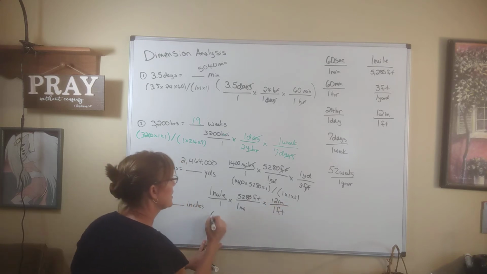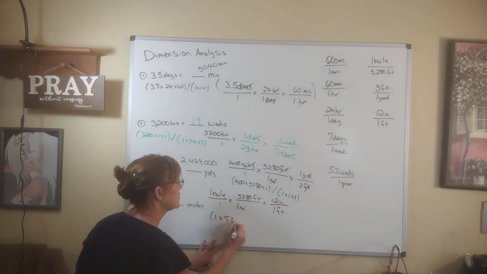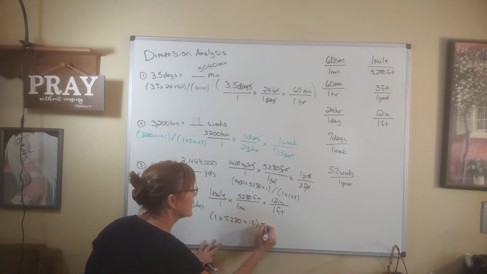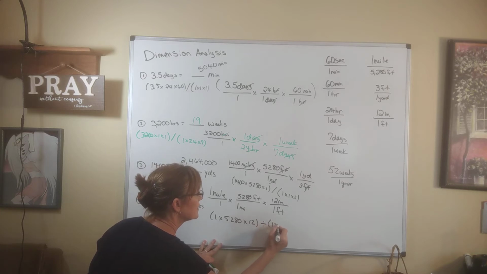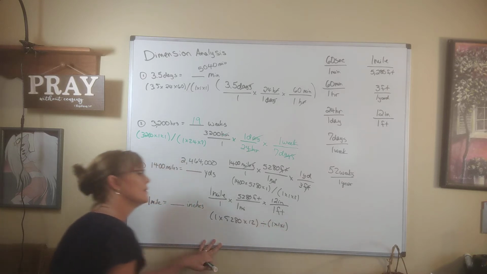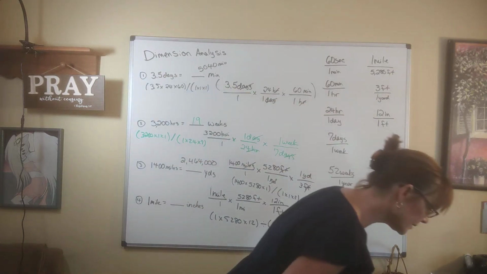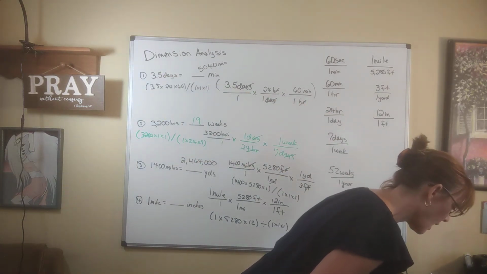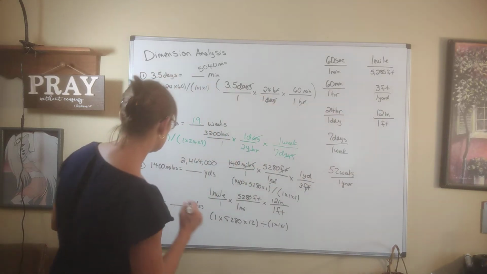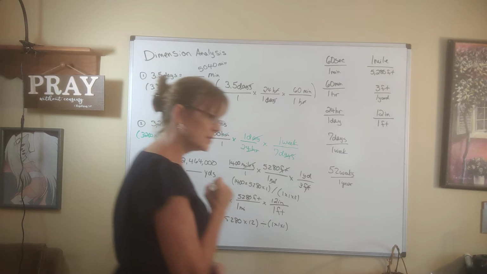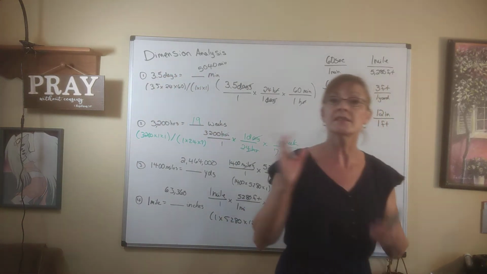And so when I multiply 1 times 5,280 times 12 divided by parentheses 1 times 1 times 1 is the procedure for your calculator, you will get 63,360 inches. Okay, so that's dimensional analysis.